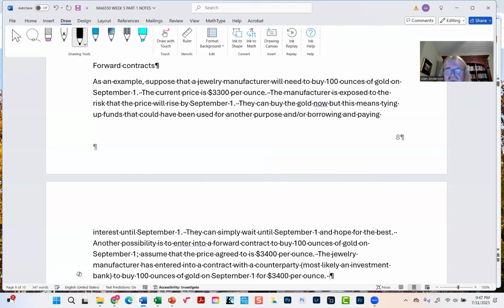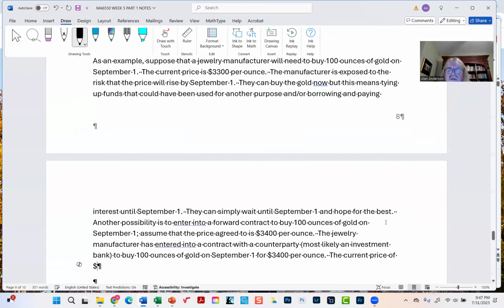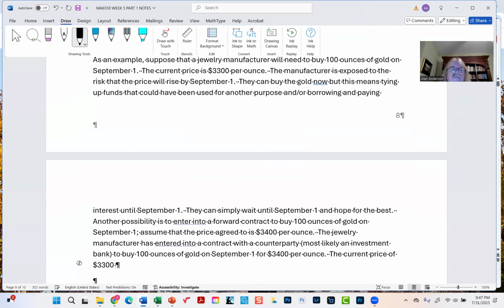By the way, there's some terminology we need to go over here. The current price of 3,300 per ounce is known as the spot price, and the price agreed to in the contract is known as the forward price.